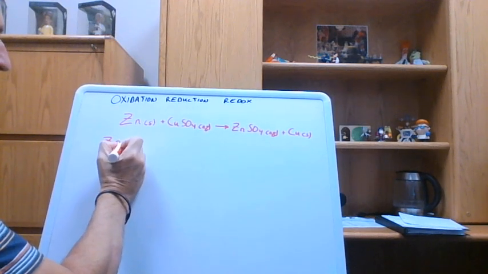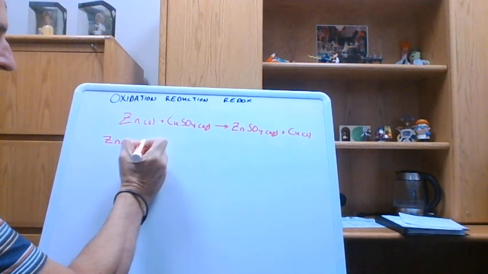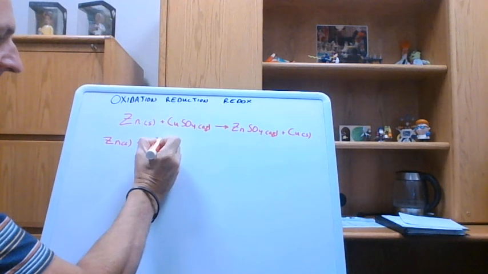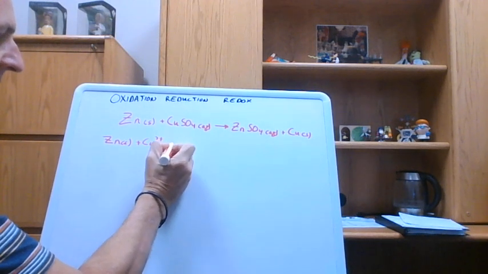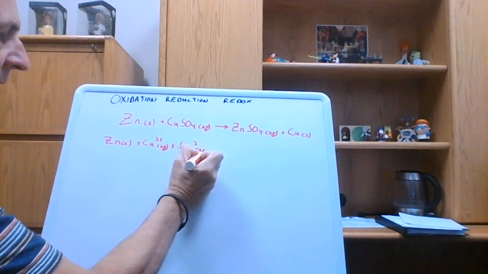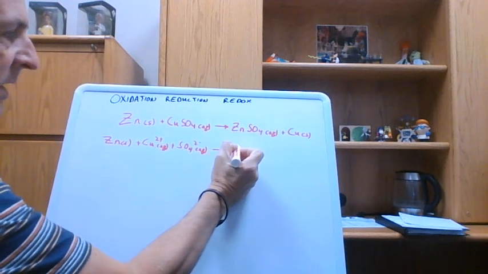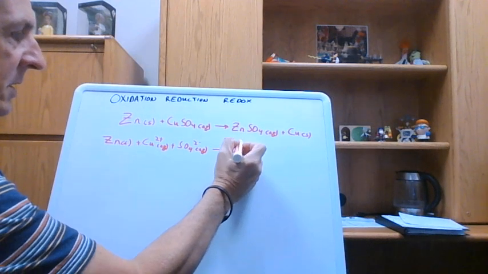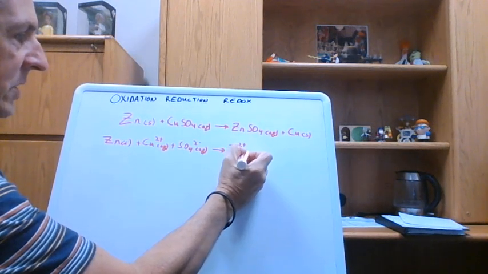So then we write our zinc as a solid, and then realize that our copper becomes copper 2+ aqueous, plus SO4 2- aqueous, and it's going to Zn. Remember, zinc is always going to have a +2 charge.